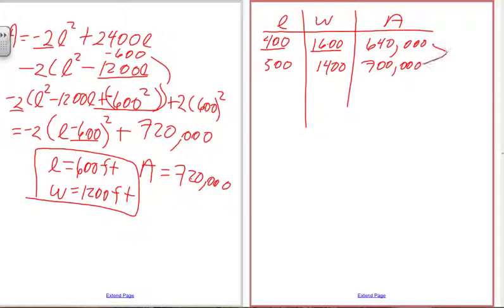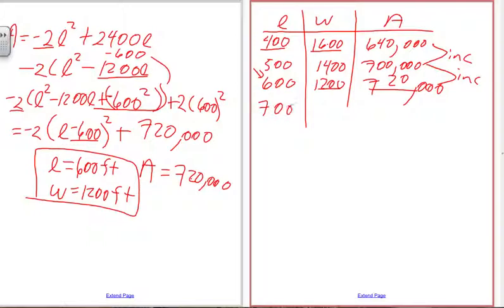Okay, notice I've increased here, so that's good. So now we go to our 600. All right, that's 1,200, and that gets me 720,000. Now you'll notice this is what we're looking at, but I've also increased a bit. So what should happen then, if this is indeed my maximum, when I go up, let's go to 700.